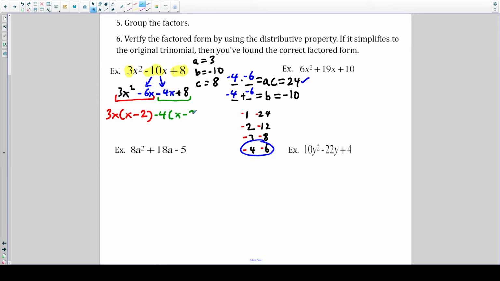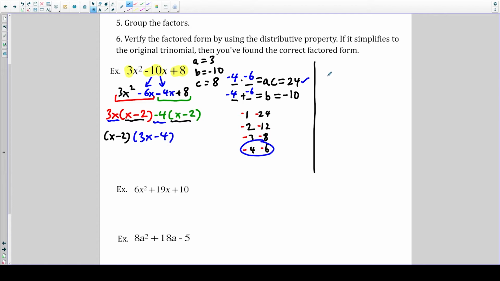X minus 2. So once again, the key is to find the same thing inside of both sets of brackets, factor that out towards the front, and then take whatever is left, so the 3x minus 4, and then we have our factored form of our original trinomial.